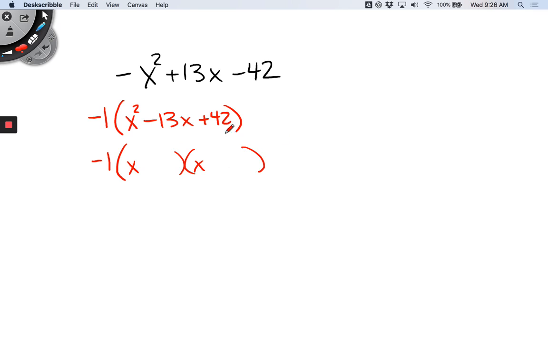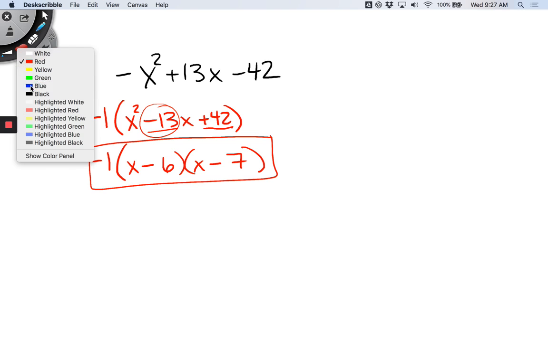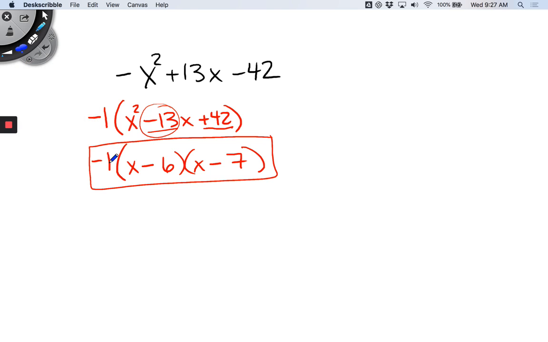So we're looking for two numbers that multiply to be positive 42 that add to make negative 13. So the only way you can add to make a negative and multiply to make a positive is if you have two negative factors. So it would be negative 6 and negative 7. So this could be an answer choice, or they could distribute the negative 1, but here's the thing I need to just remind you.